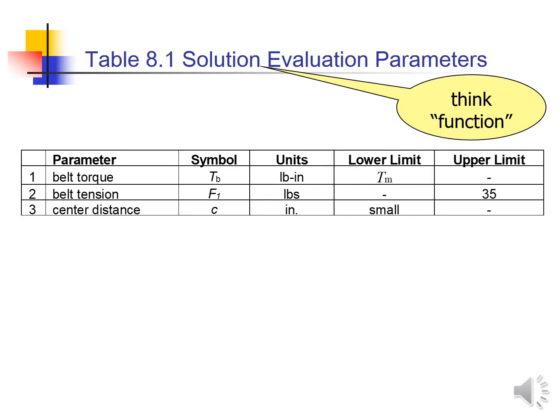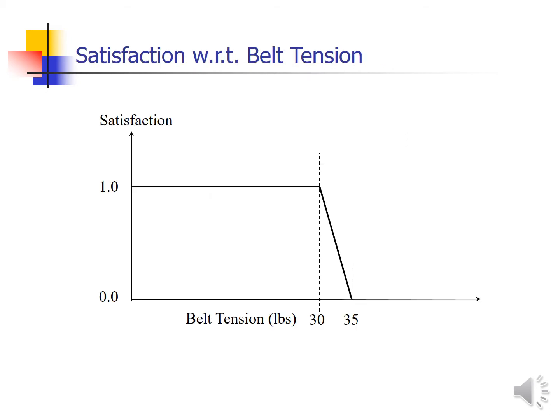This is the detail about the solution of the parametric study. We have the belt torque, the belt tension as the force, and the center distance. This C has its unit here, and we know the lower limit. We set at Tm, the upper limit now. The potential belt tension we set at 35, and the distance is the small one.